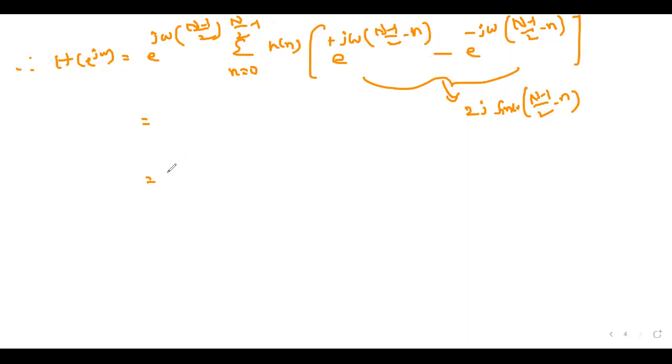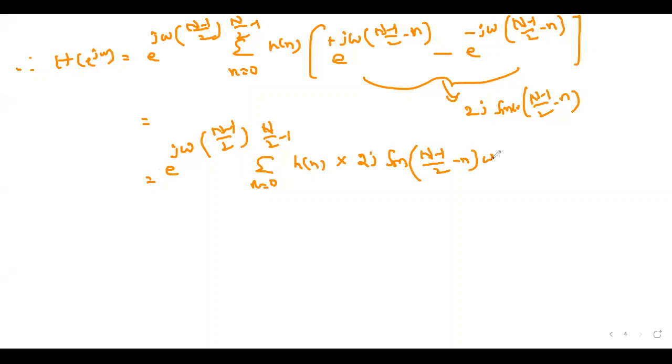Therefore, this is equal to e power minus j omega of N minus 1 by 2 into summation n equal to 0 to N by 2 minus 1 h of n into 2j sine omega of N minus 1 by 2 minus n. This 2j I will keep outside.